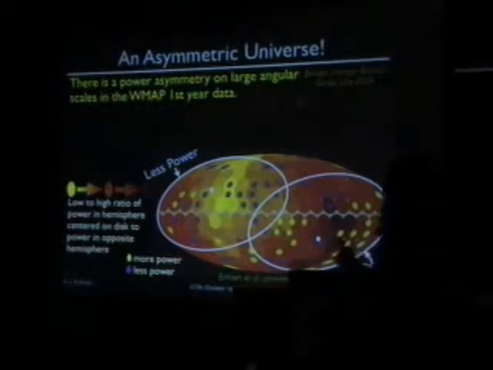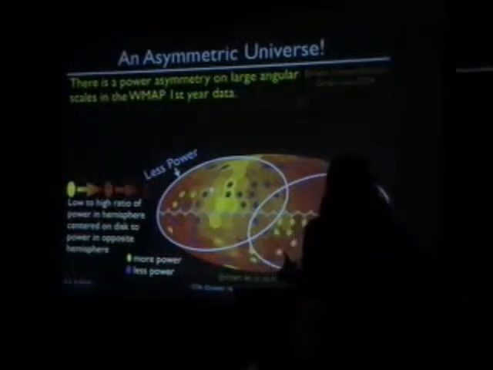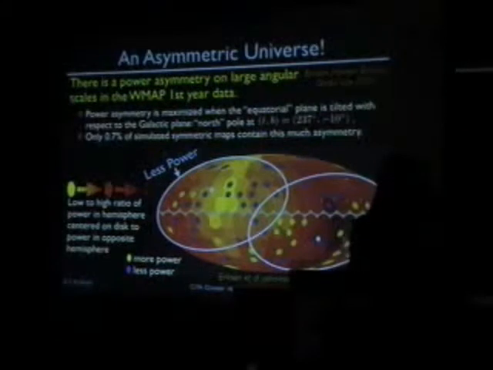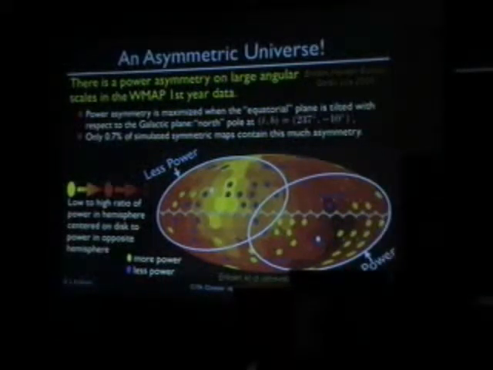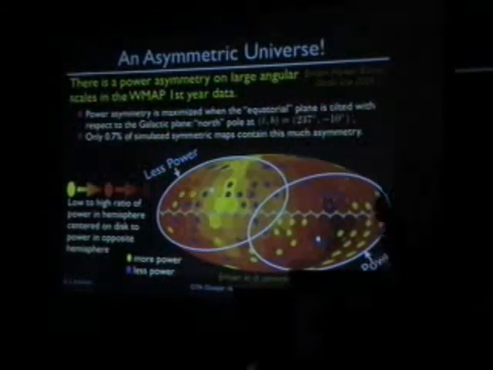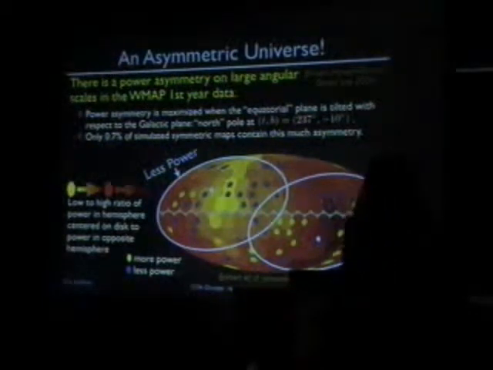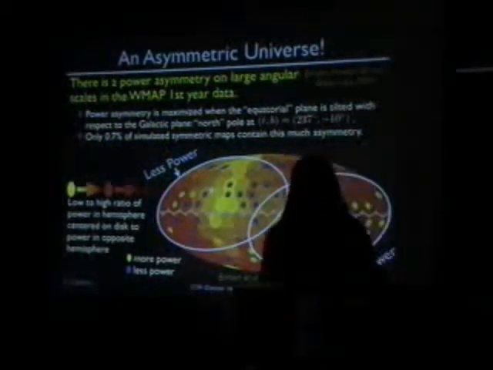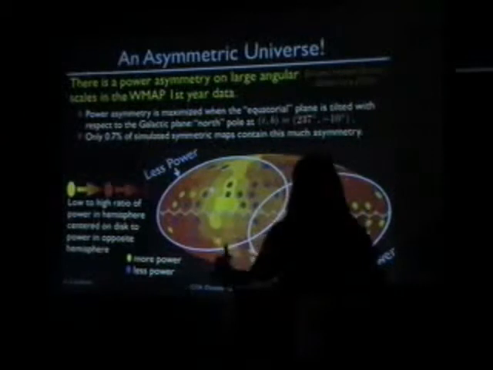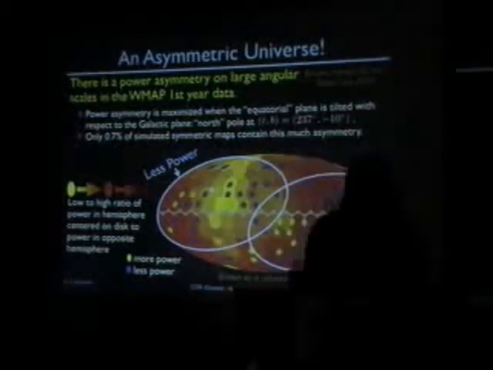So again, we see this is not local, it's more of a dipolar structure like I said before. The power asymmetry is maximized when the equatorial plane dividing the 2 hemispheres is tilted with respect to the galactic plane. And only less than 1% of simulated isotropic maps have a 2 hemisphere split with this much asymmetry.